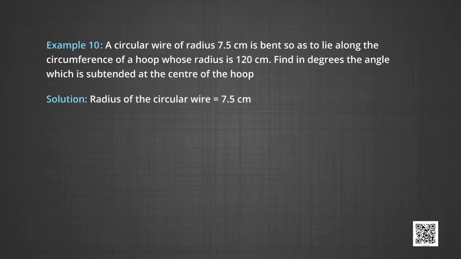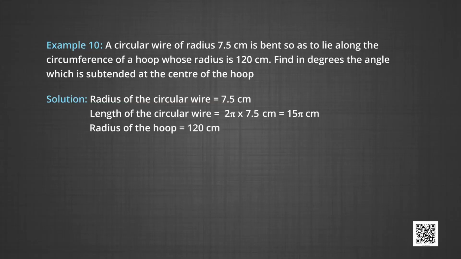Now, the radius of the circular wire is 7.5 centimeter. Length of the circular wire is 2 pi into 7.5 centimeter, which is equal to 15 pi centimeter. Radius of the hoop is 120 centimeter.